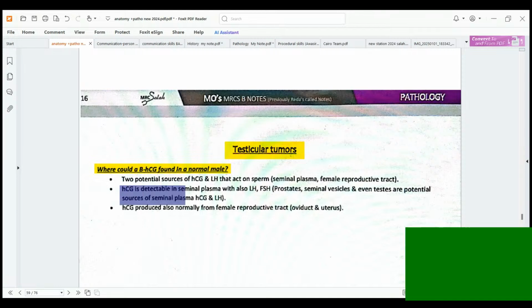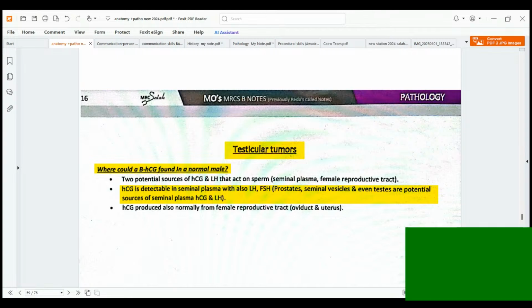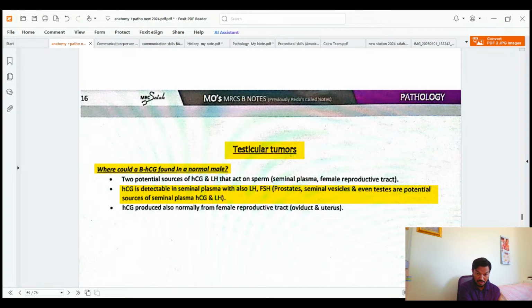So the answer is prostate, seminal vesicle, and even the testes are potential sources of seminal HCG.